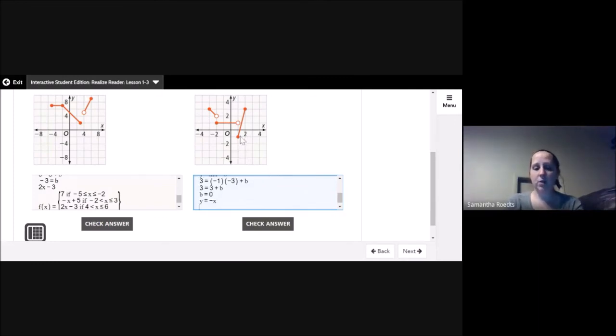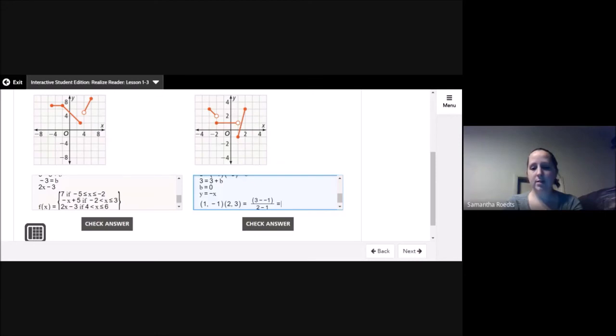For my second one, let's pick the points 1, -1, and 2, 3. So my slope is going to be 3 minus -1 over 2 minus 1.